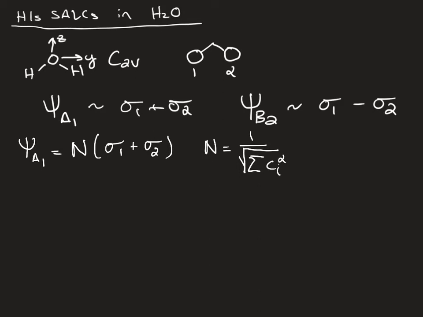So in the case of psi A1, that's going to be 1 over root 2 times (sigma 1 plus sigma 2).